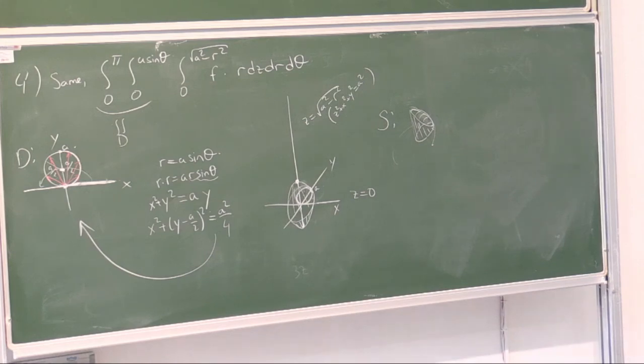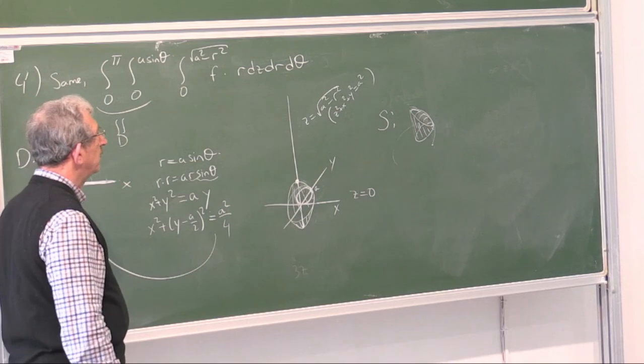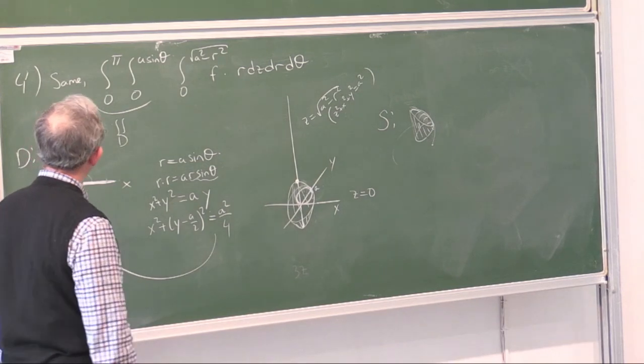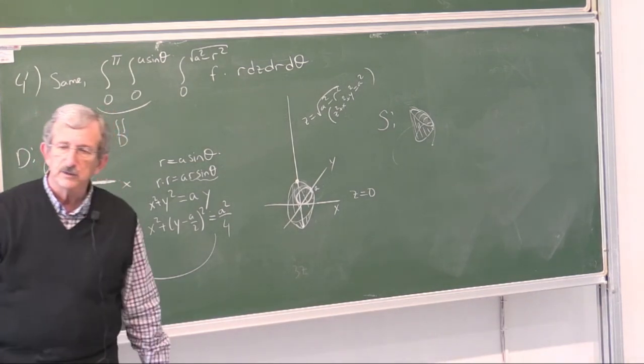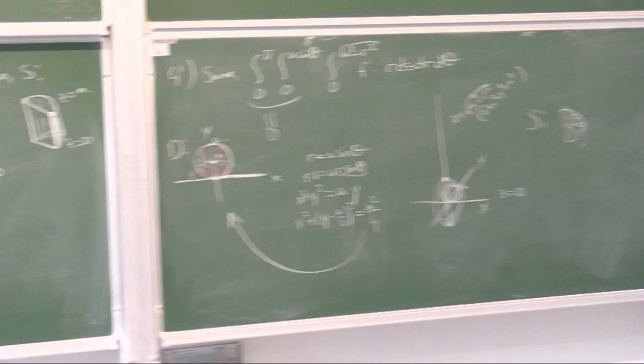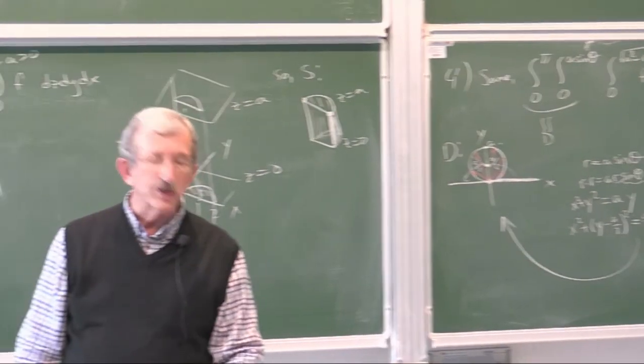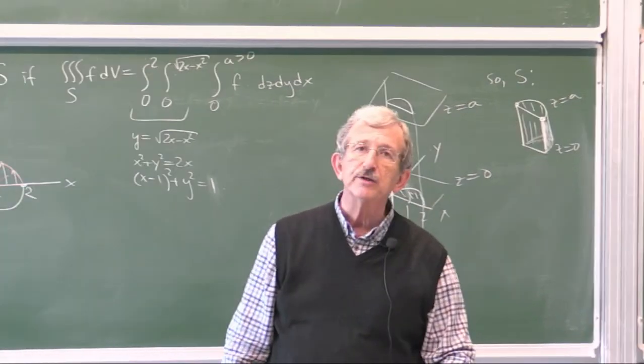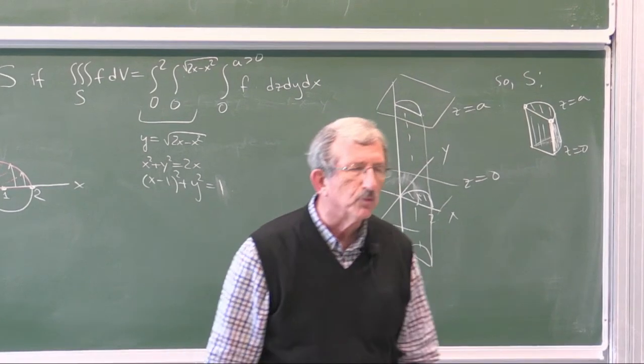Well, at this point, all I would like to say is that cylindrical coordinates are indeed heavily dependent on the polars. They are generalizations of polars to 3 dimensions in a rather simple way.